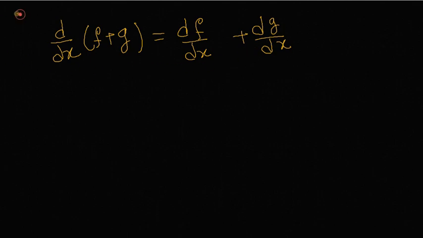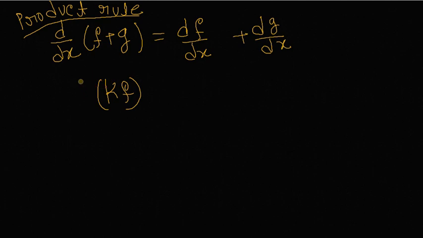Now if we are multiplying a function by a constant value and taking the differentiation of that, then the constant will come out and we will take the derivative of the function.